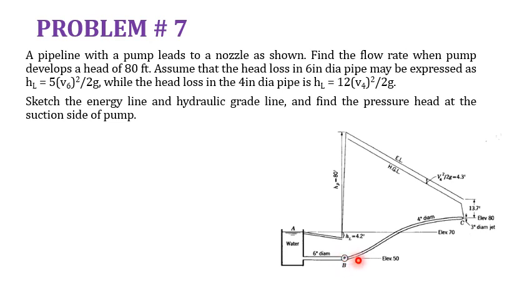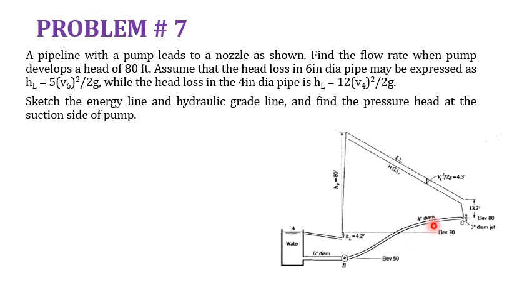To the other end of the pipe, we have this 4 inches diameter pipe, which changes its elevation. The water surface is at elevation 70, that is 70 feet, while the pump is at 50 feet.